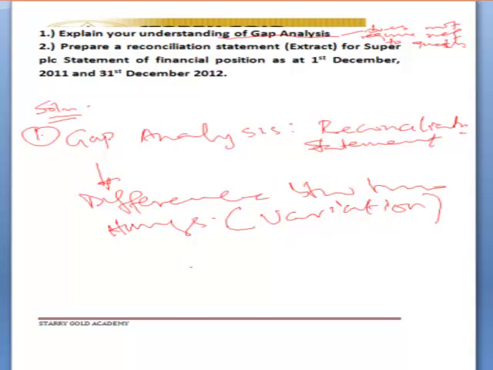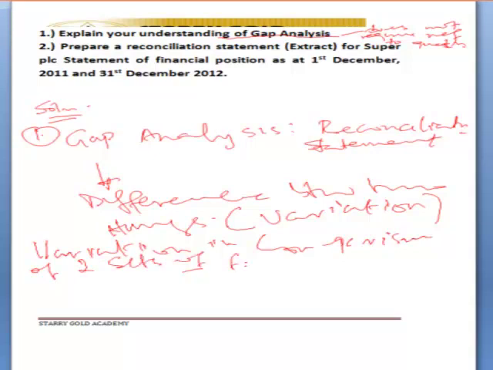When we relate that to financial reporting, gap analysis is a variation in comparison of two sets of financial reports. So it is the variation that comes from the comparison of two sets of financial reports.